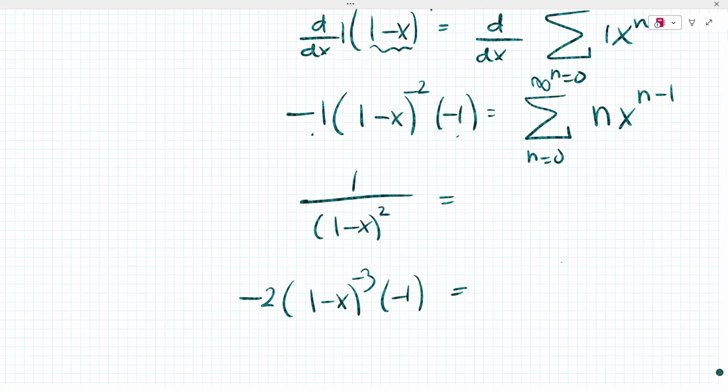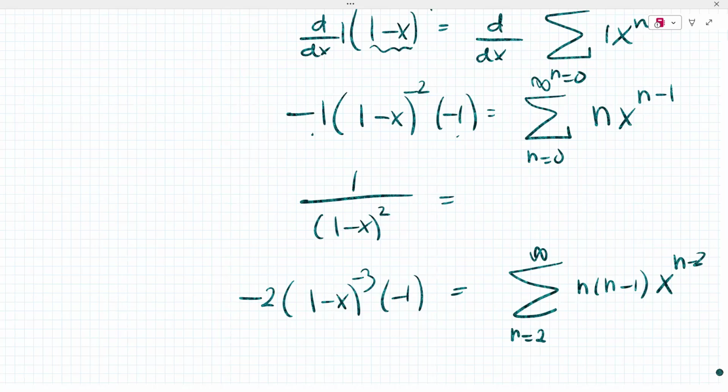And that equals the summation of n equals 2 to infinity of n times n minus 1 times x to the n minus 2. I'm doing the f of x, yeah, the f of x over 1 plus x cubed, right?